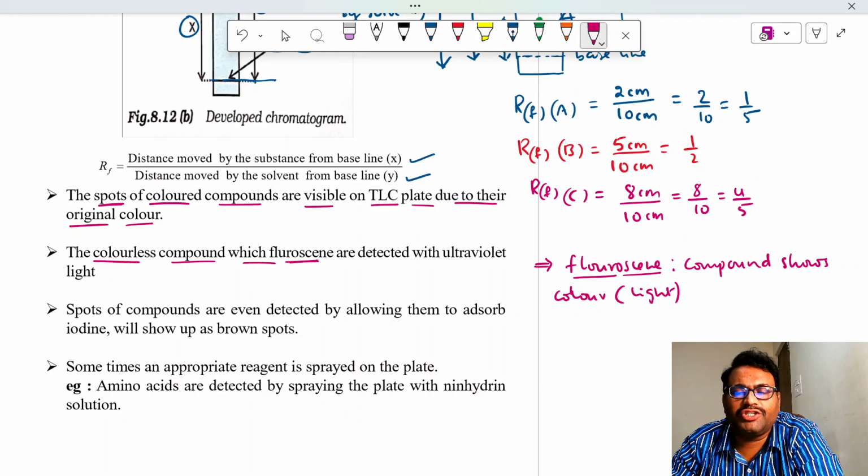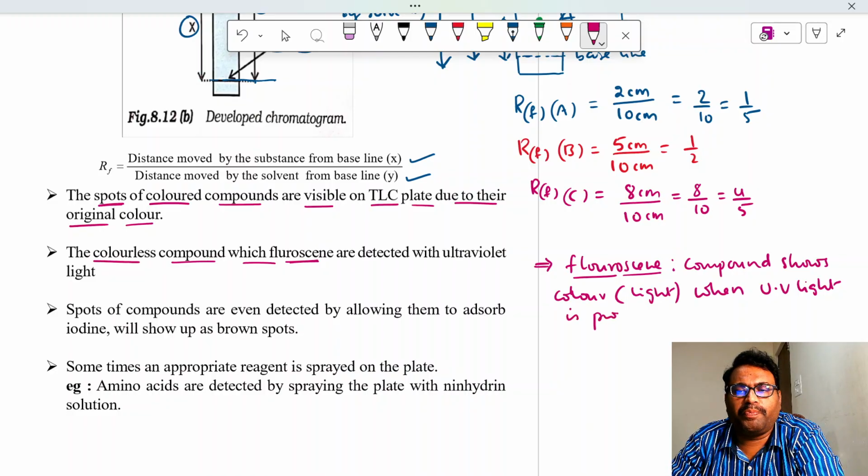They sparkle, they show color when UV light is projected on them. When UV light is made to fall on it, it will show its color. That property is called fluorescence.